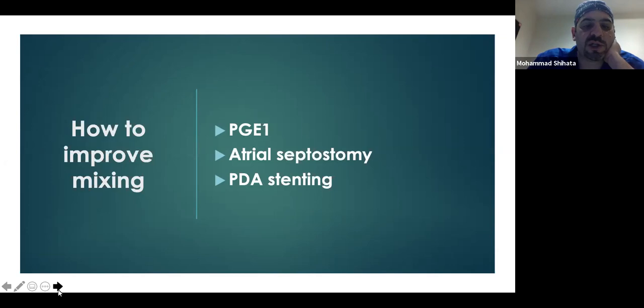And I will touch on that in a minute. So when the babies are born, the systemic vascular resistance and pulmonary vascular resistance are almost equal, and both ventricles are subjected to the same resistance or pressure.